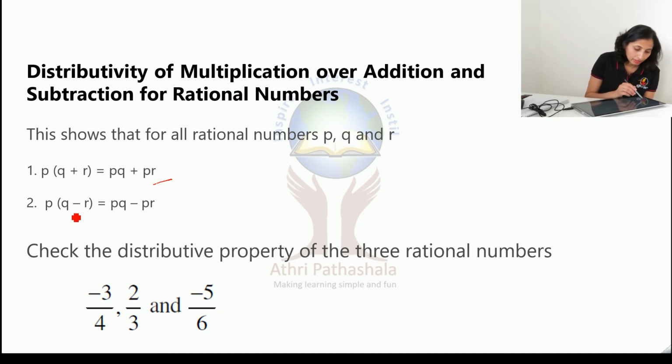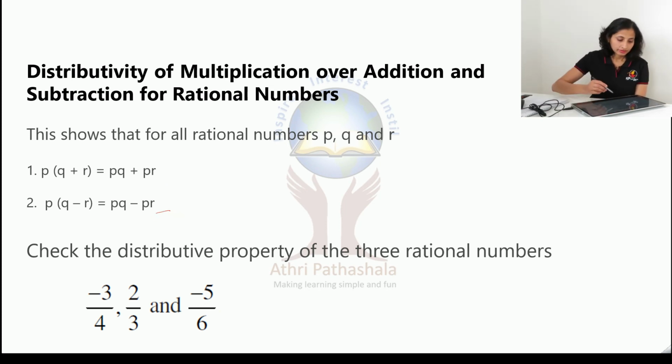And p into (q minus r), which is equal to pq minus pr, is the distributive property of multiplication over subtraction. So check the distributive property for three rational numbers: minus 3 by 4, 2 by 3, and minus 5 by 6.